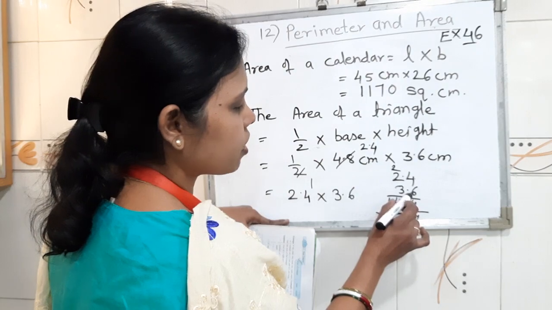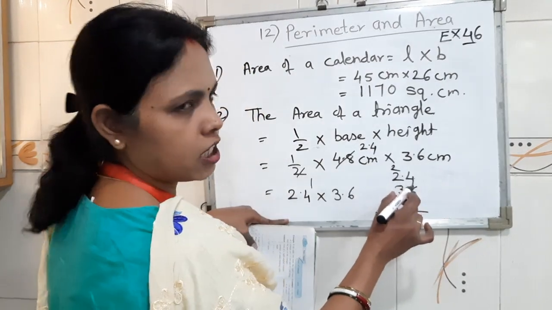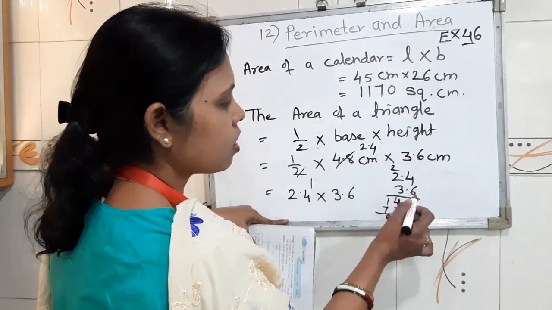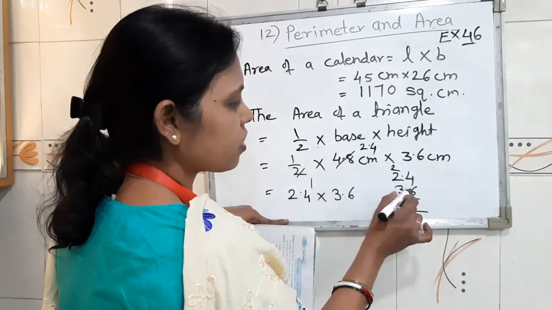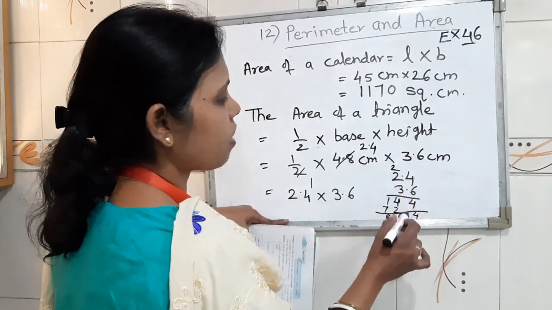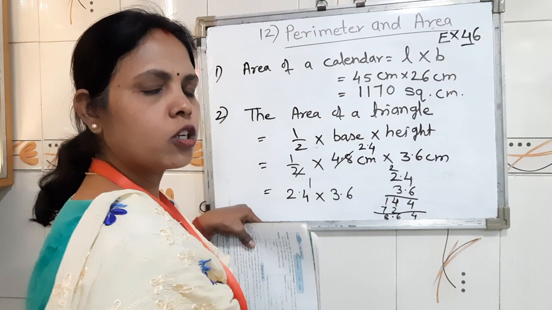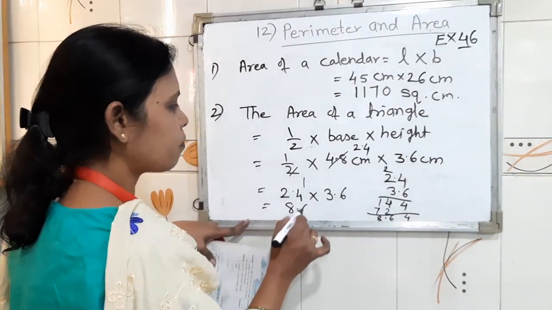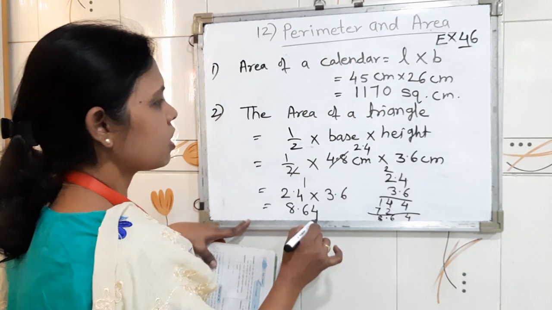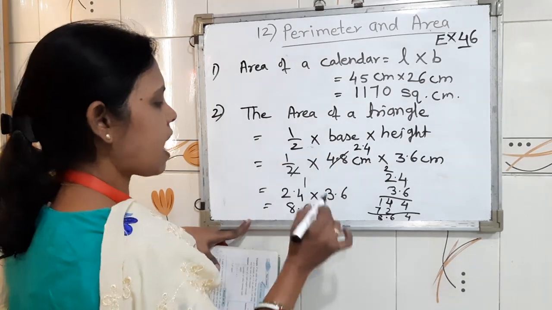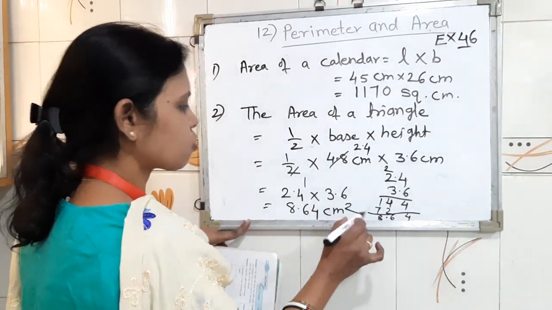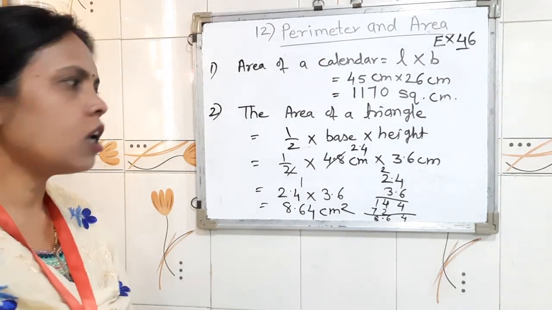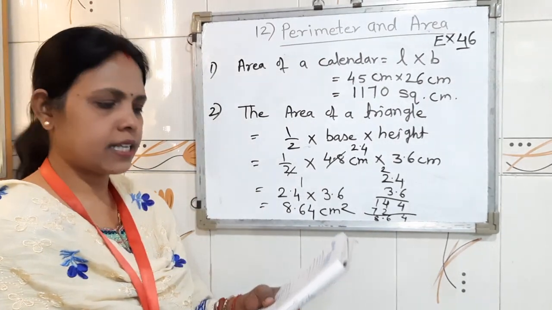So children, after 2 digits we are having decimal, after 6, here after 4. That's why after 2 digits we will put decimal. Means in our question 8.64, and this one is area, that's why centimeter square. I hope you all understood question number 2.